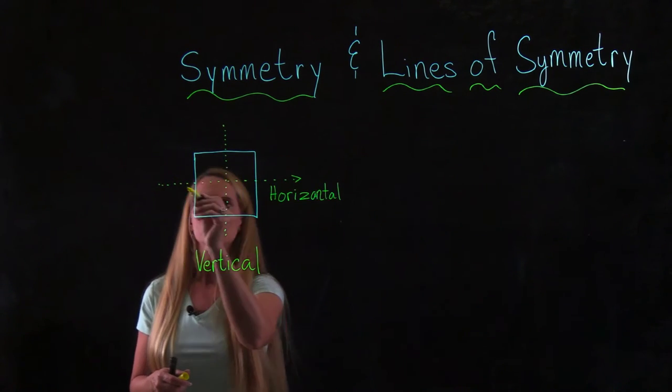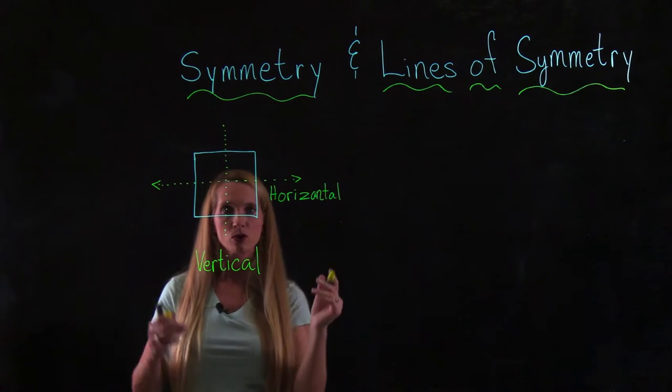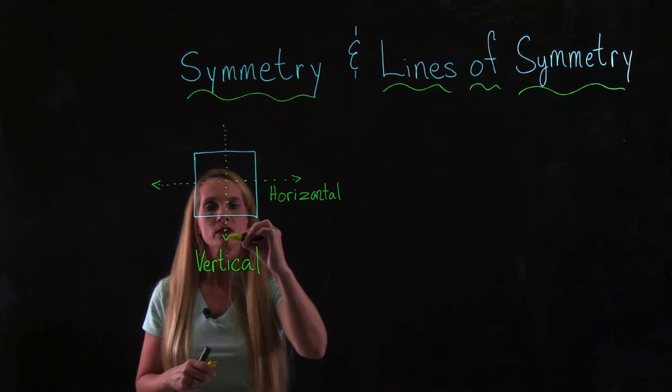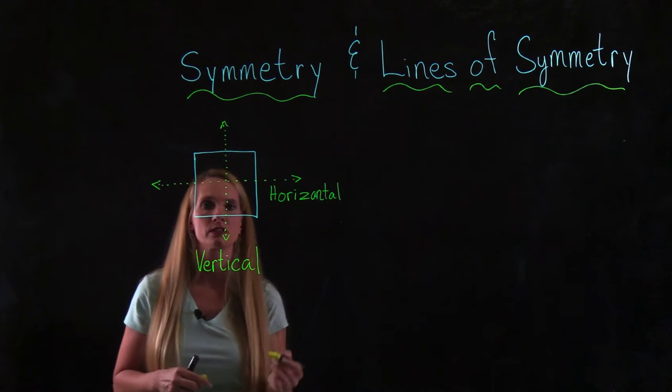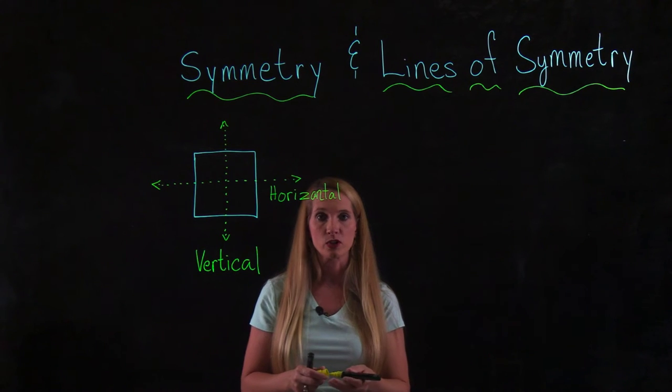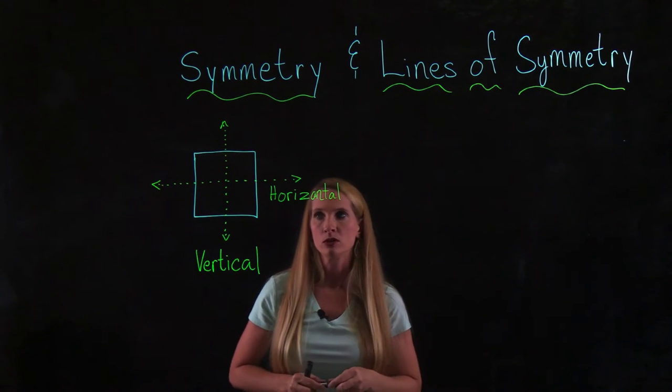So if it's going this way, it's considered horizontal, and if it's going this way, then it's considered vertical. So up and down is vertical, side to side is horizontal.